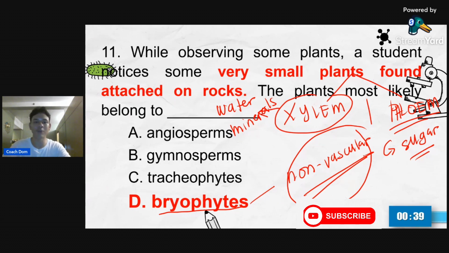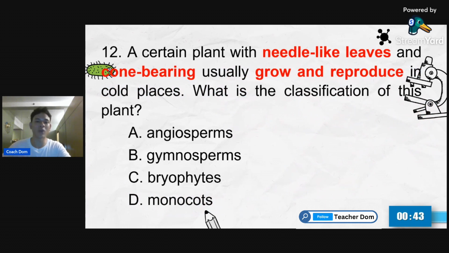Question number 12 na po tayo. A certain plant with needle-like leaves and cone-bearing usually grows and reproduces in cold places. What is the classification of this plant? A, angiosperms, B, gymnosperms, C, bryophytes, or D, monocots. Ano pong answer natin dito, guys, for question number 12? Is it letter A, B, C, or D?